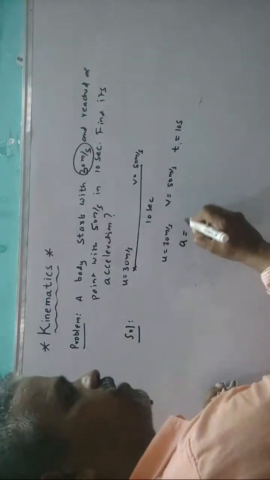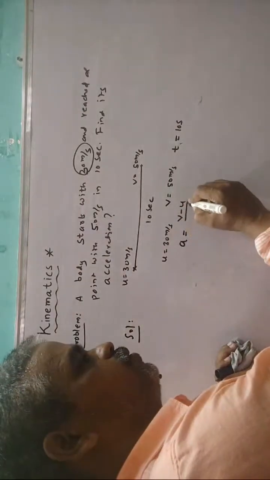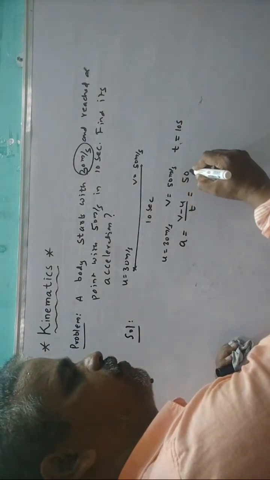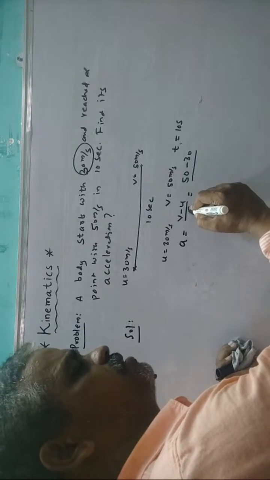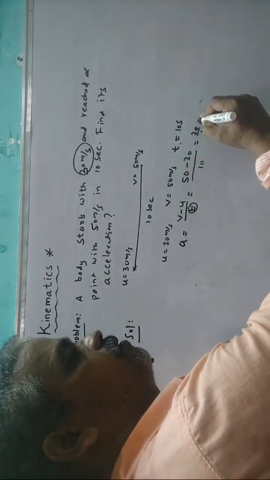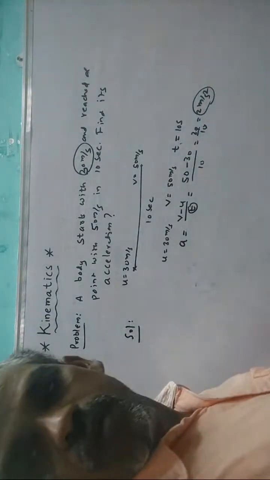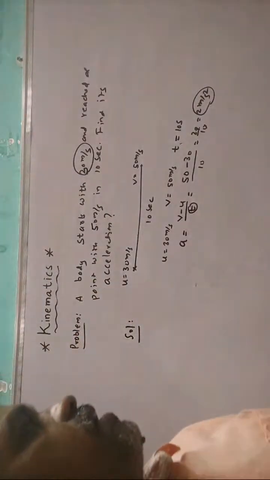For this one, find acceleration. A equals V minus U by time, that is 50 minus 30, by the change in time, T2 minus T1, which is equal to 10. 20 by 10, you will get 2 meter per second square. Very good, Balu. Very nice.